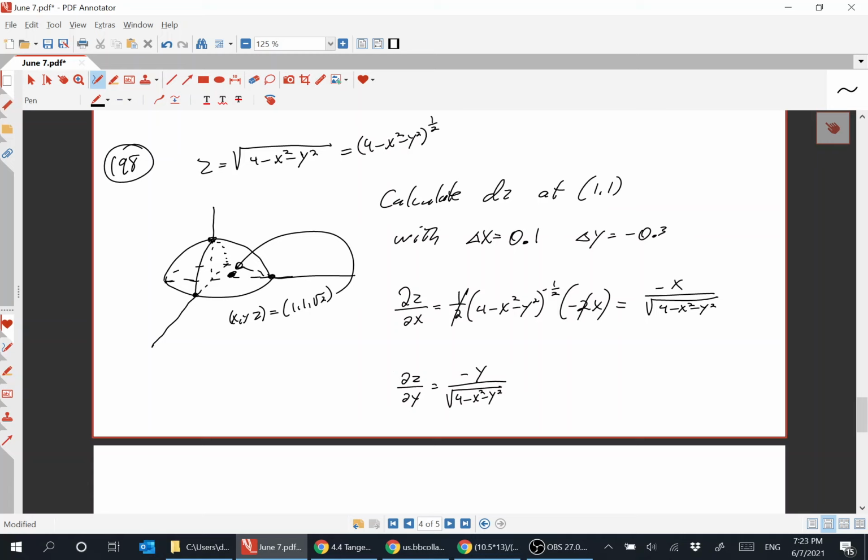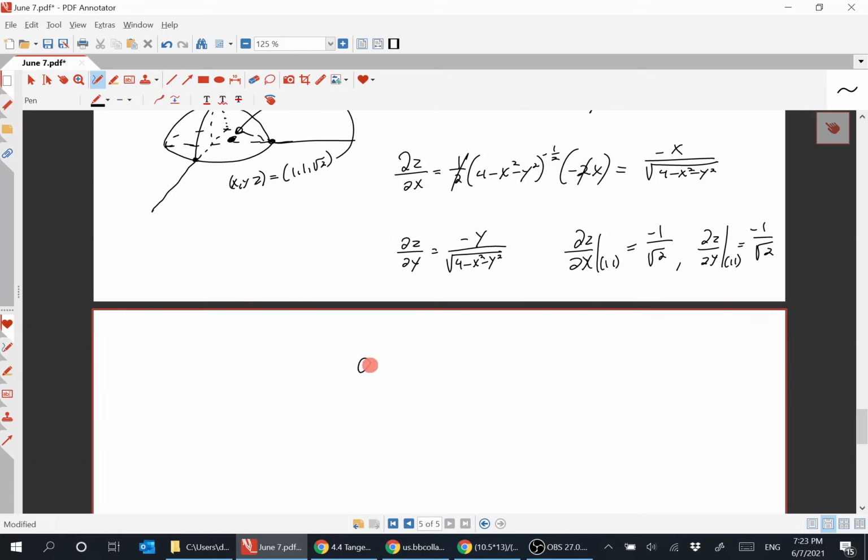So now we need to calculate these at 1, 1. So dz/dx at 1, 1 is equal to minus 1 over square root 2. And dz/dy at 1, 1 is the same value, minus 1 over square root 2.